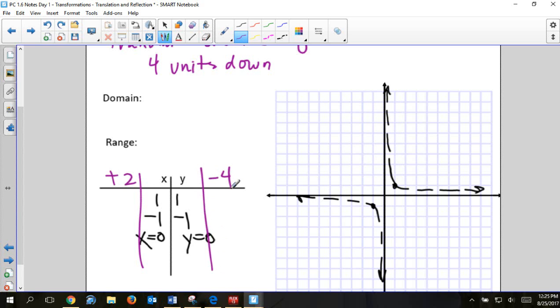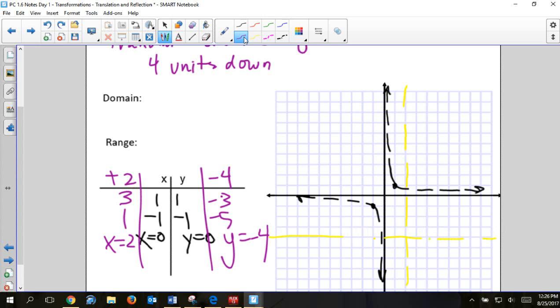And I do it to the ordered pairs and to the asymptotes. So adding 2, I'm going to have 3, 1, x equals 2. And for the y's, I'll have -3, -5, and then y equals -4. So we will have asymptotes at x equals 2 and y equals -4.